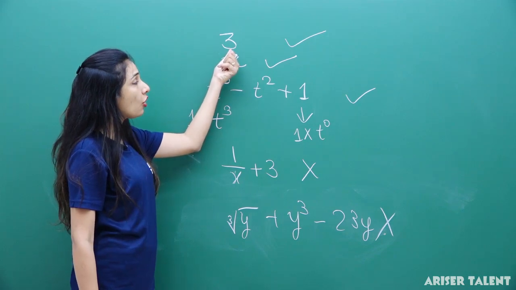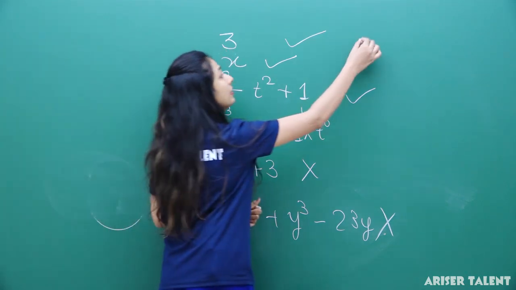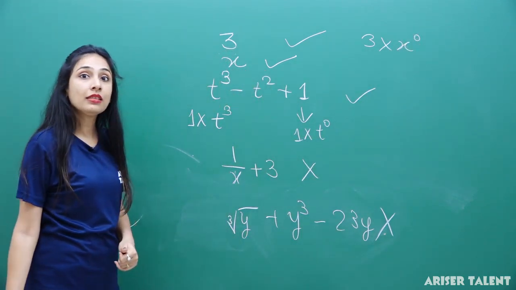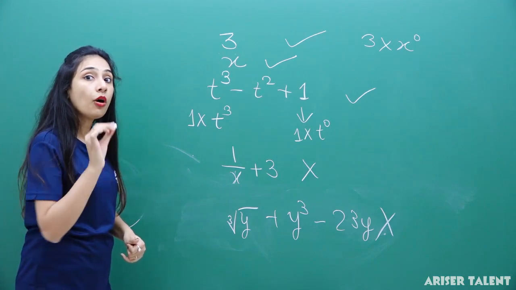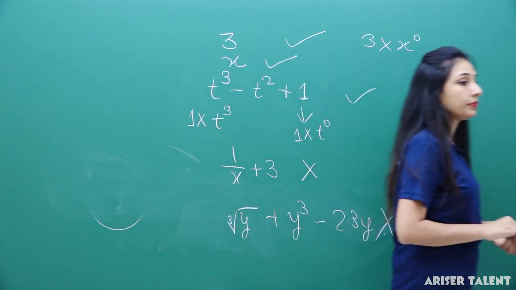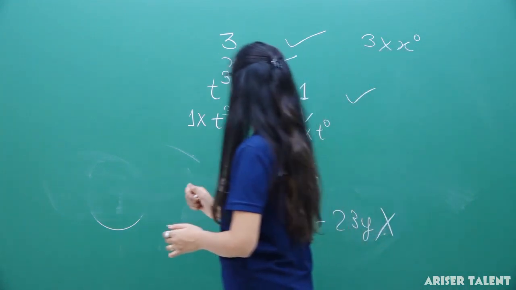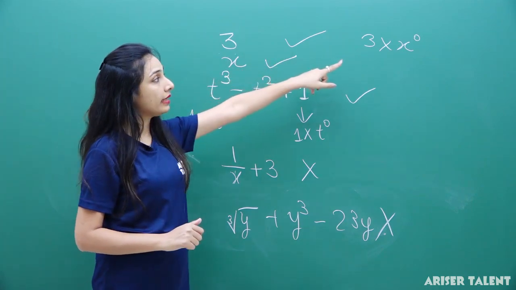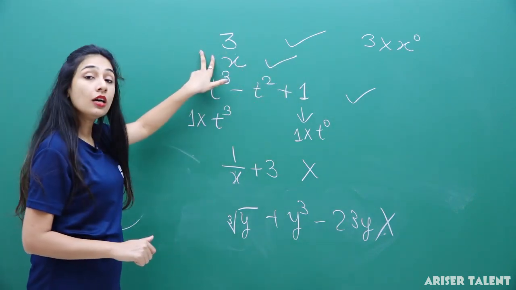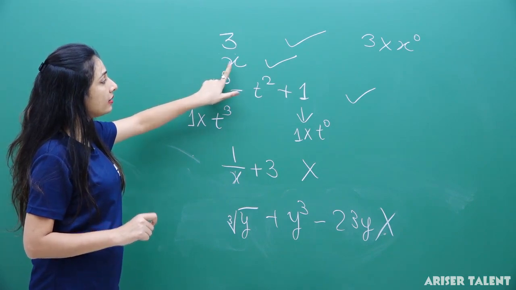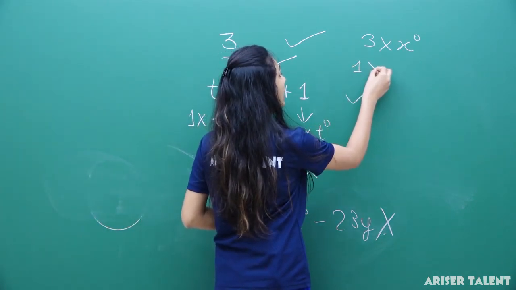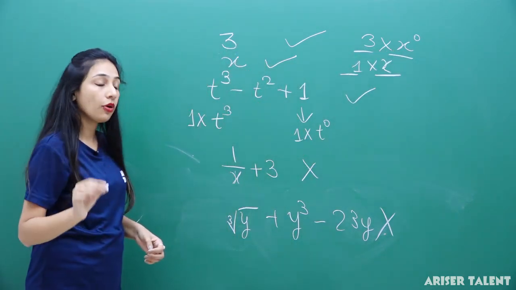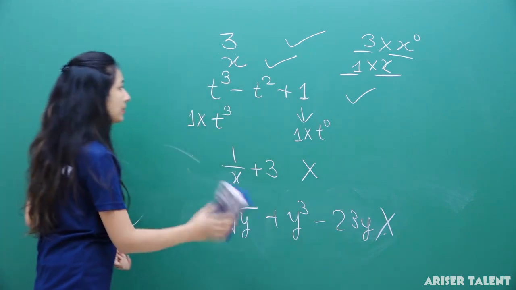And 3 can be written as 3 multiplied by x to the power 0, so it is also a polynomial. These two are also polynomials. Note this.